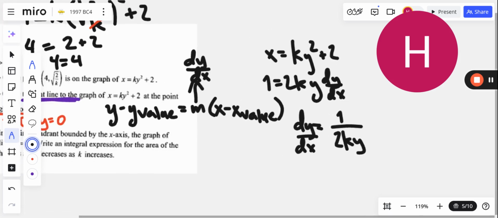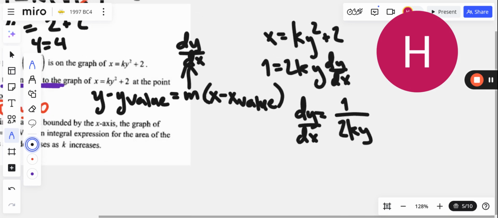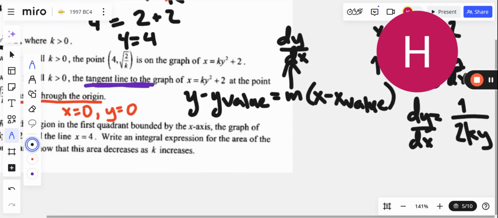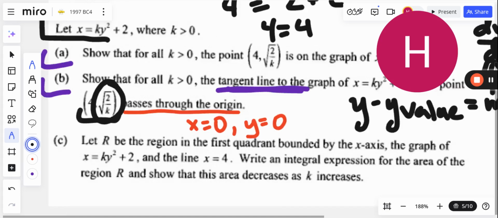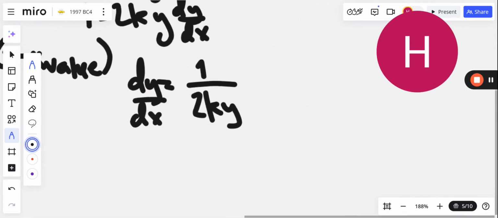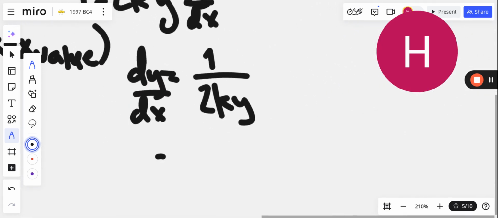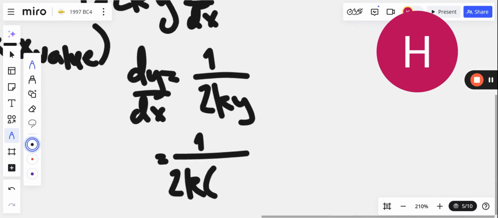There we go. Well, we need to find the slope at a particular point. What point? At the point 4 comma square root of 2 over k, which means we can use this y value, square root of 2 over k. So we're going to say this is 1 over 2k times the square root of 2 over k.